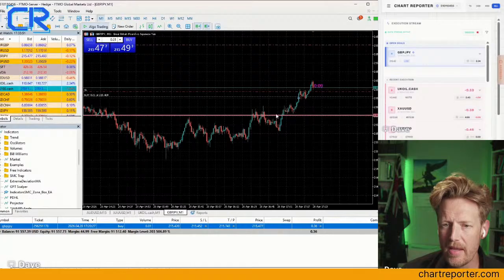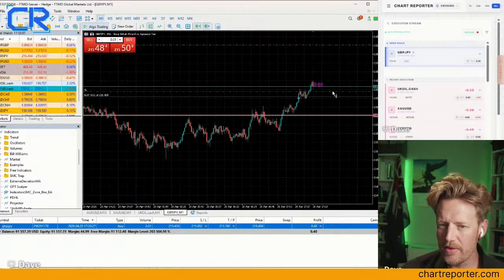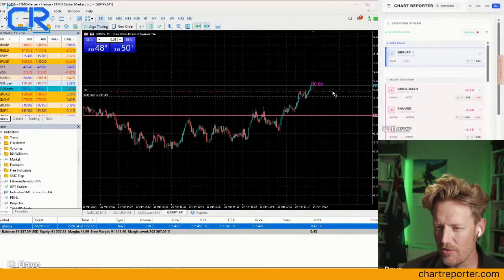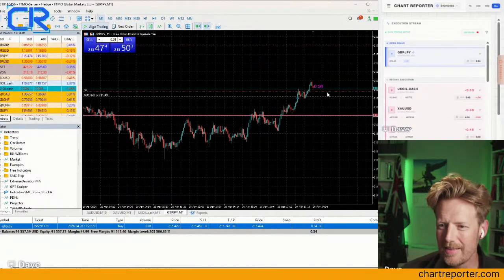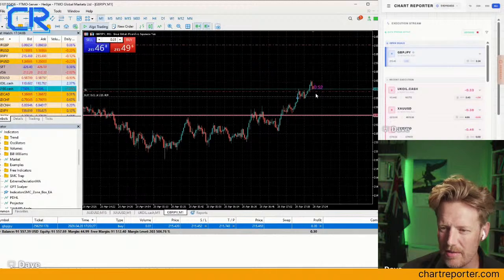So we're just going to leave it. Oh no, it's moved into profit. The break even, the trailing stops happened, which is probably now going to break out and close. Come on. 75. I thought 75 would be enough.